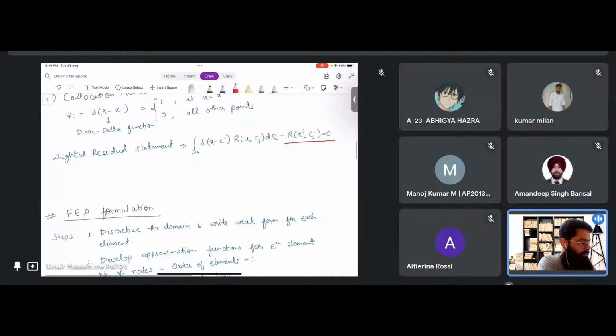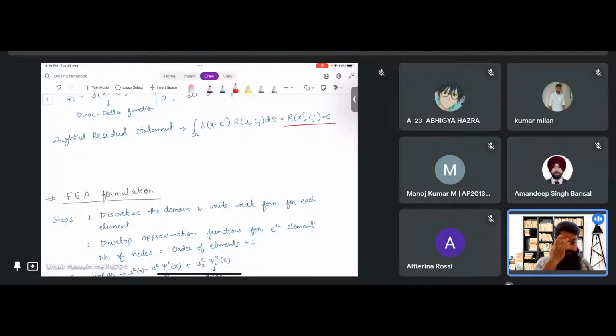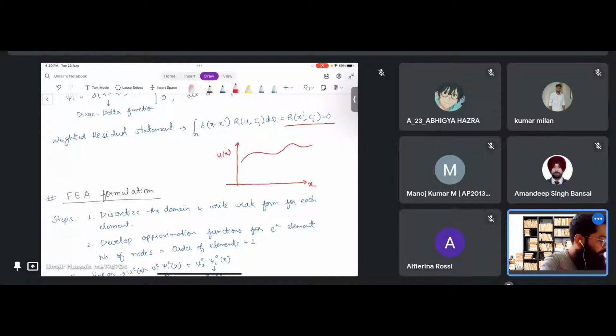Anyone want to try, or should I tell? Okay, so I'll tell you. Say u is our solution, a function of x. This is our actual solution.